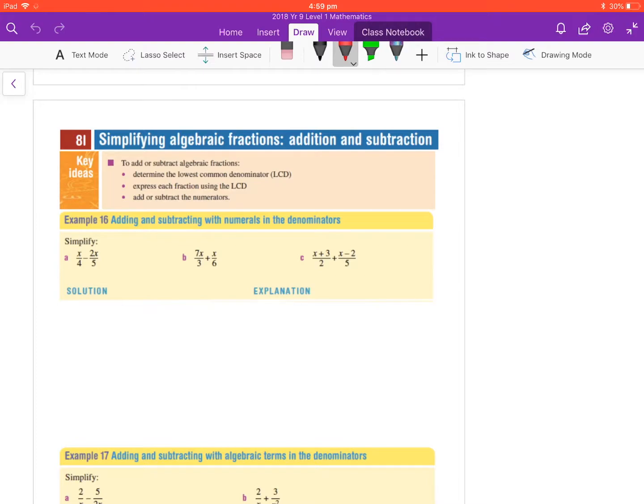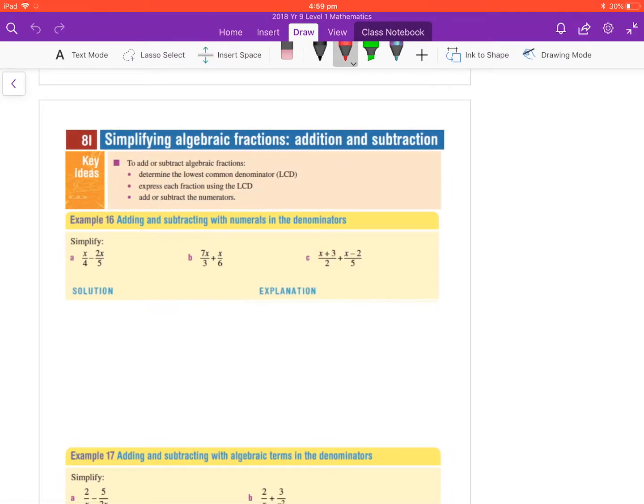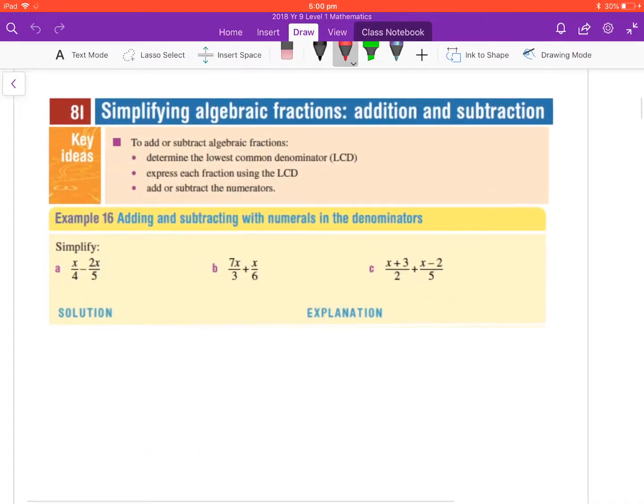So today what we're going to be looking at is still simplifying our algebraic fractions, but we're looking at adding and subtracting. I'm going to take you back to basics: when you're adding and subtracting fractions, we are looking for our lowest common denominator.